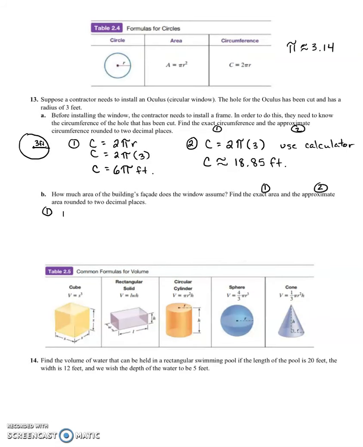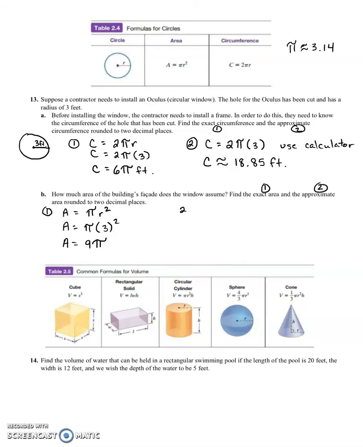For part 1, the area of a circle is pi times the radius squared. So that is pi times 3 squared, or 3 squared is 9, so pi times 9, which we usually write with the 9 in front, so 9 pi.